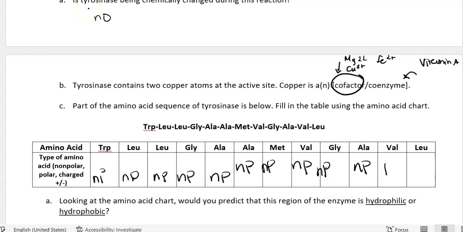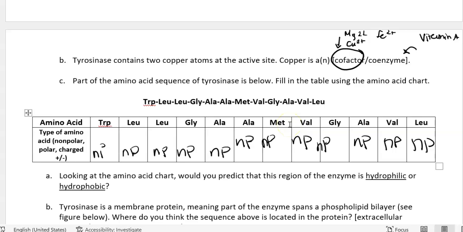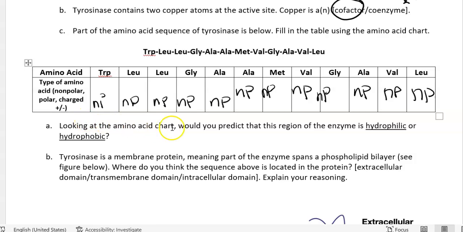Nonpolar, nonpolar, nonpolar, nonpolar. People were like, is this real? Yes, it's real. So part of the amino acid sequence of tyrosinase is a string of nonpolar amino acids. And then we're going to predict, is this region of the enzyme hydrophilic or hydrophobic?